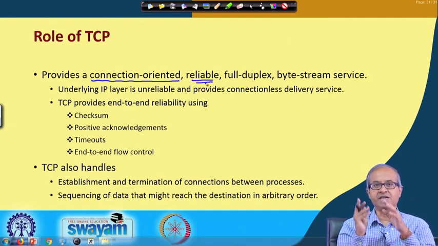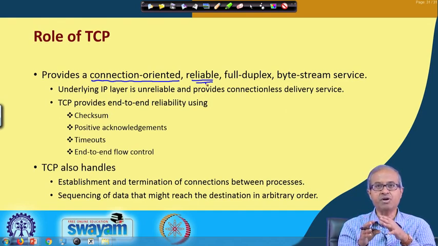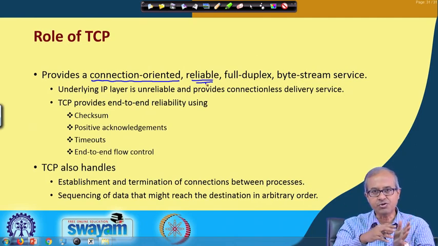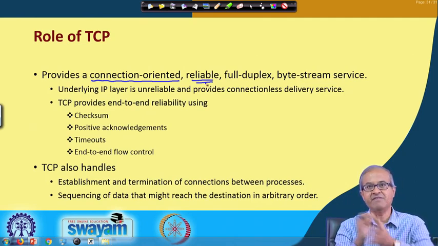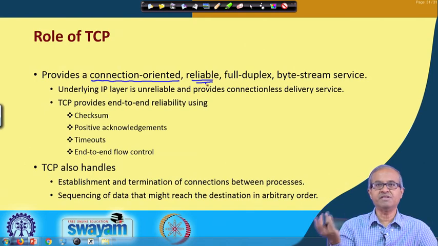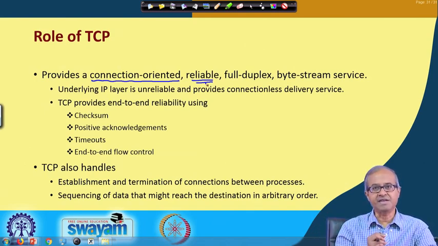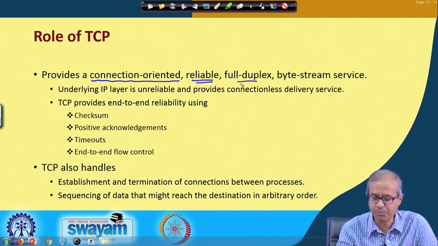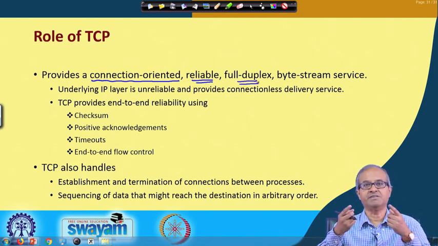Reliable means if there is any data corruption during transmission, some data packets are getting lost or get corrupted, TCP is supposed to keep track of that, and if something is wrong, the source or the sender will be requested to again send the relevant part of the data, so that the receiver can receive the data in a correct way. That is reliability. Full duplex means it is a two-way communication.